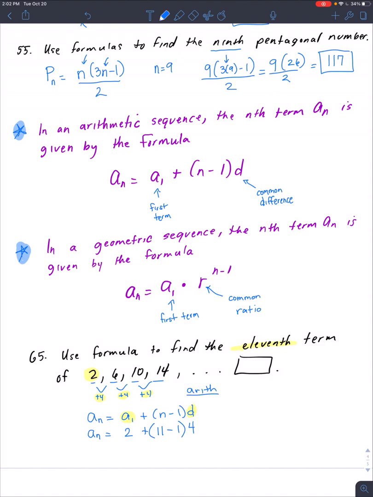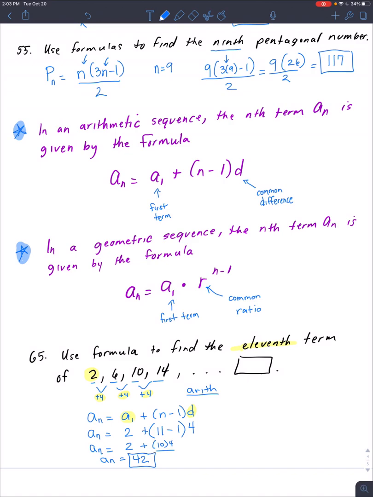So after you determine the formula to use, you plug in all the things that you know, which is the first term, the term we're looking for, and the common difference. And then you just do order of operations here. So you're going to have 2 plus 10 times 4, which you do multiplication first. So 10 times 4 is 40, plus 2. So a sub n is going to be 42, and that's what we're looking for.